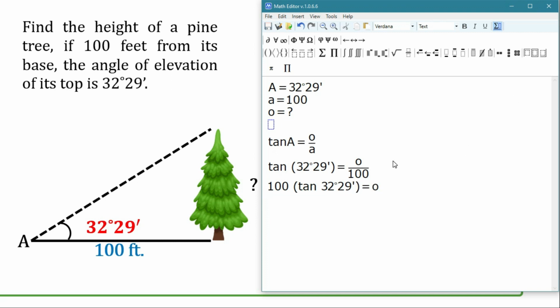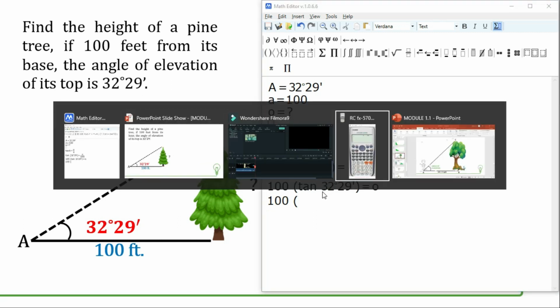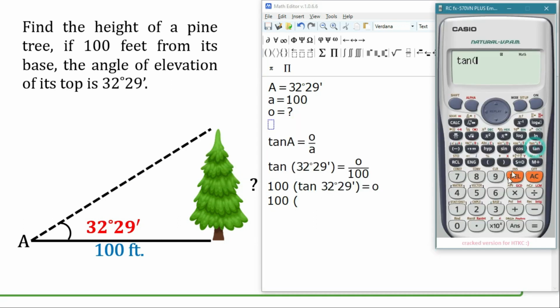Alright? So, meron na po tayong formula in getting the O. What we're going to do is just to simplify what is to be simplified. So that's gonna be 100 times the tangent of 32 degrees and 29 minutes. Okay, so that is actually equivalent to 0.6366 and so on and so forth.